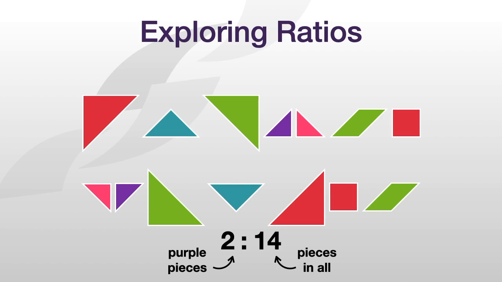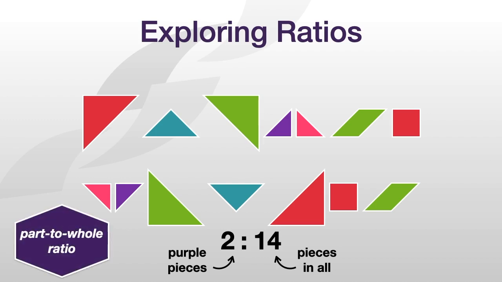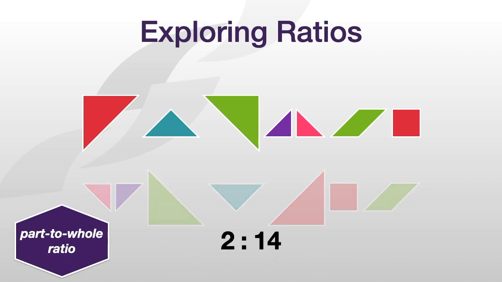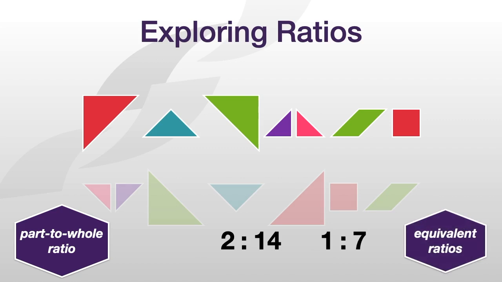This comparison is called a part-to-whole ratio. You might have expressed this relationship as 1 to 7. These ratios are equivalent. We'll further explore equivalent ratios in the following investigation.